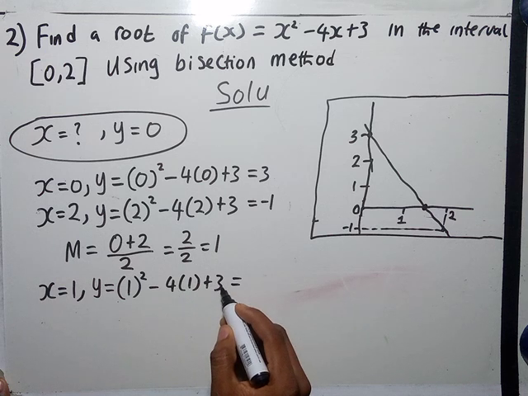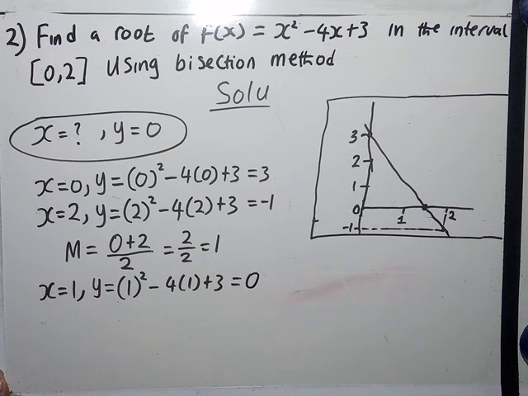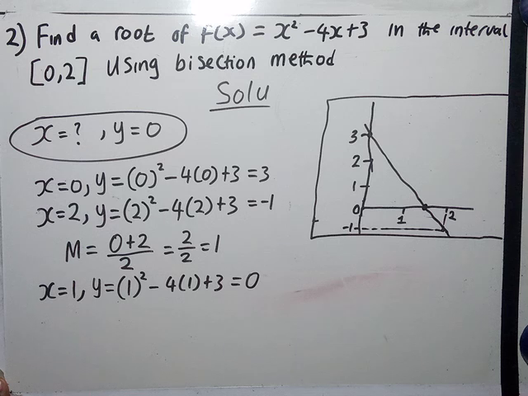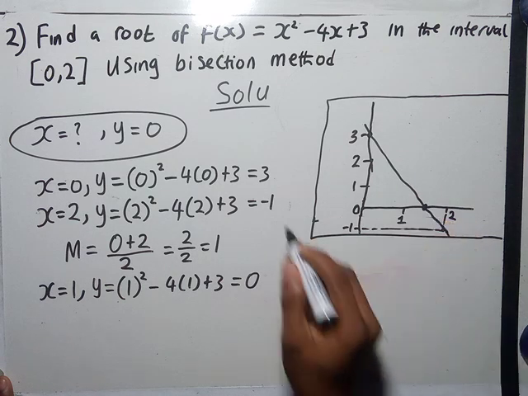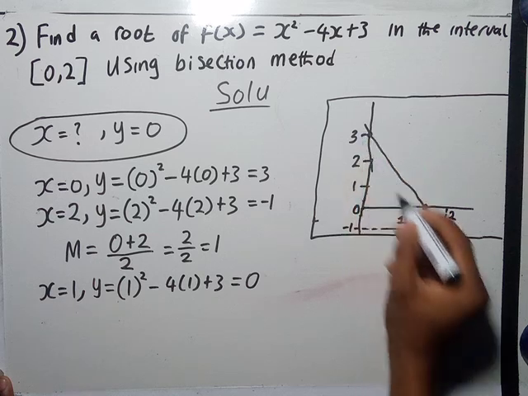Minus 3 plus 3 is giving us 0. So since it is giving us 0, what it means is that the exact place that our line, that's why I say this is a rough sketch, this line is meant to be crossing here.